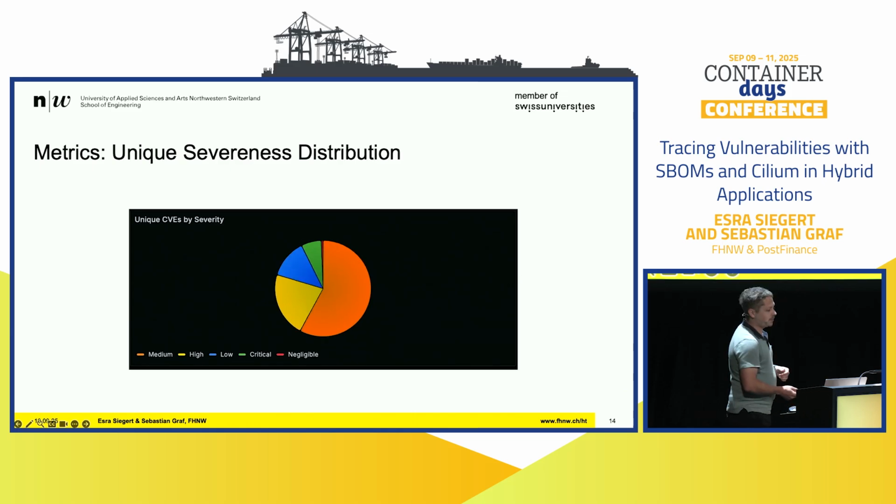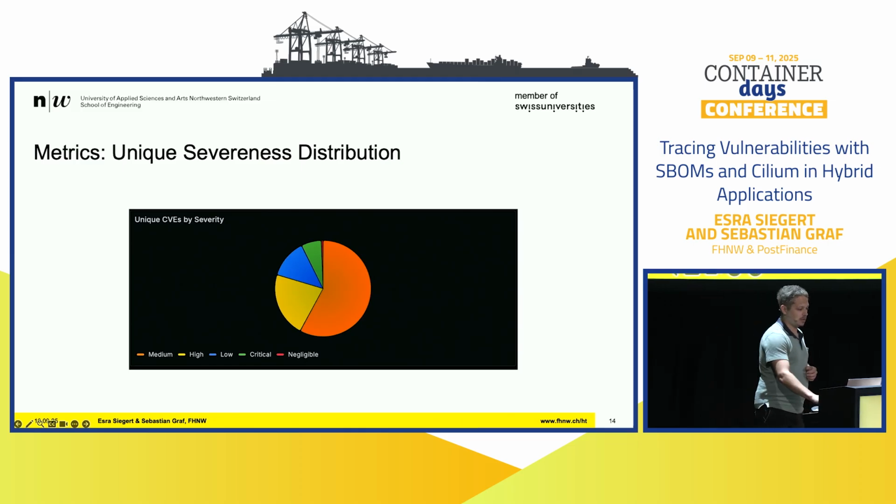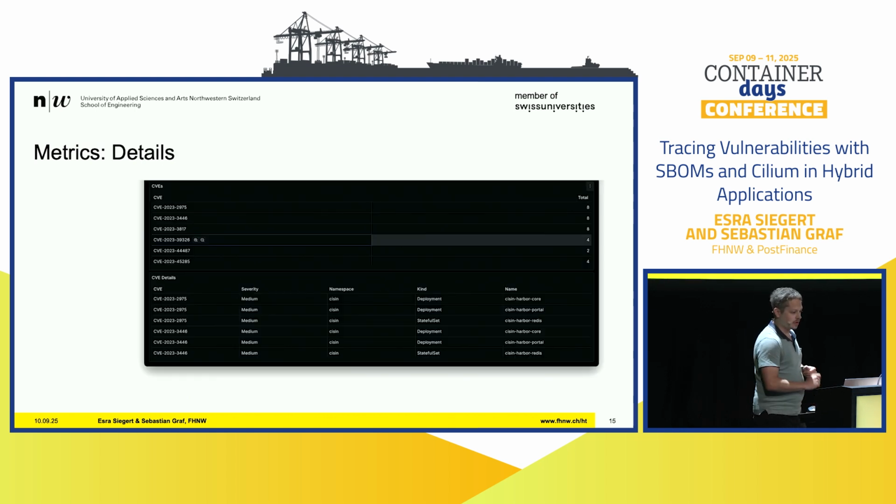The same as before, we have the distribution for the unique CVEs. So we see there a little bit less critical CVEs, and some more medium. But this is always only statistics, so we need to know where these vulnerabilities are. Of course, there we have another metric, so we can list them here.